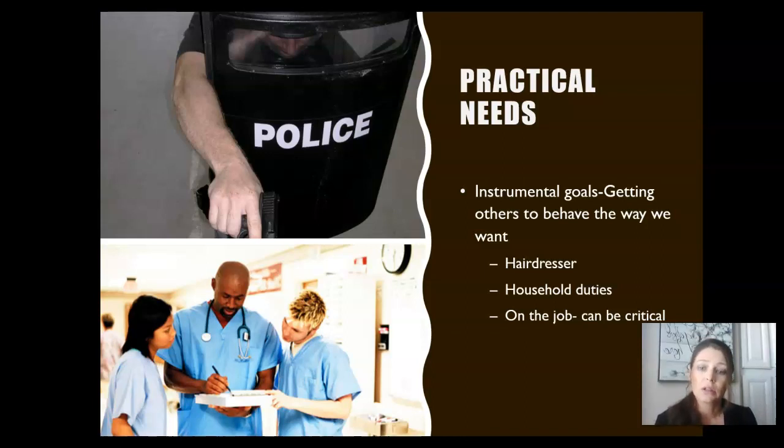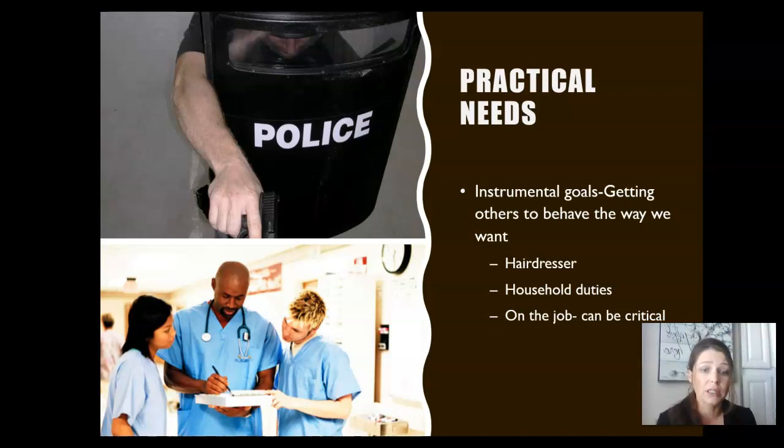We can also look at household duties. So think about the people that you live with. We need to be able to explain to those people how and when we want to work together in order to complete household chores, like dishes or getting the floors done or doing laundry. This is also critical in the workplace, especially in fields where lives are at risk.